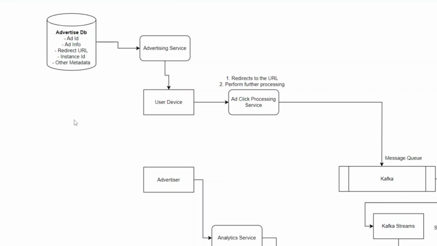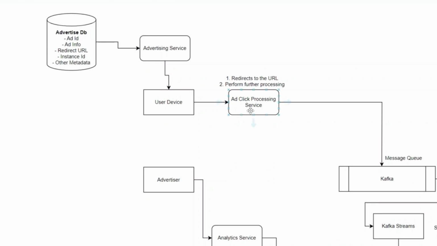So that count must be calculated, but the count at the same particular moment for the same instance ID shouldn't be considered as multiple counts, but as just one count. So based on this instance ID, when this information gets passed on with the click, the ad click processing service would have this instance ID. Let's say a user is clicking on an ad with ad ID 123 and instance ID 15.